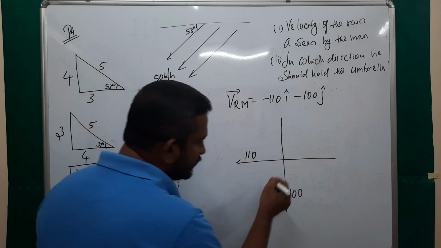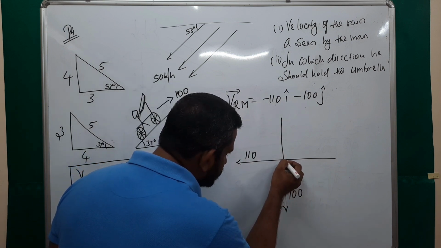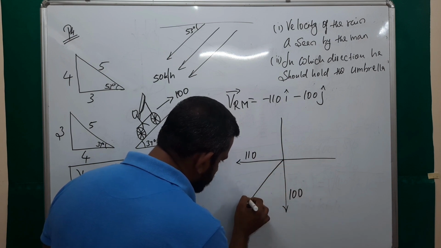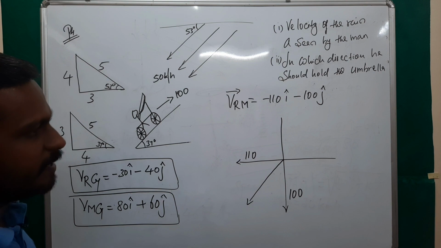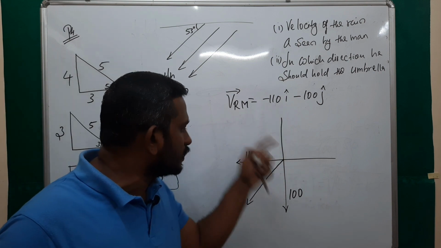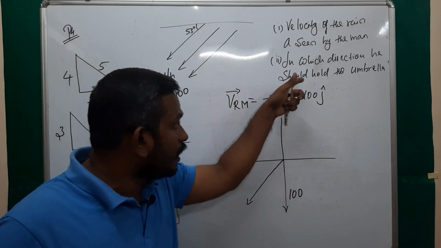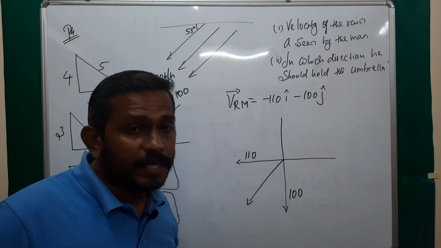So what is the resultant? The velocity of the rain as seen by the man has two components: one along the negative x-axis, one along the negative y-axis.